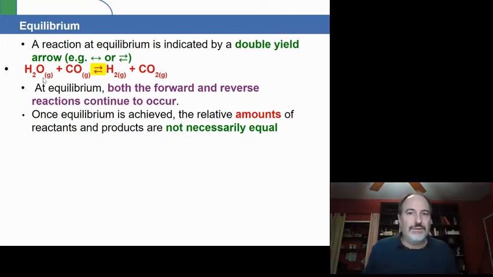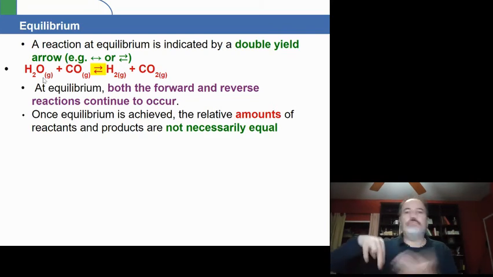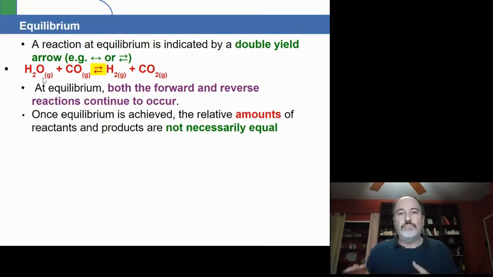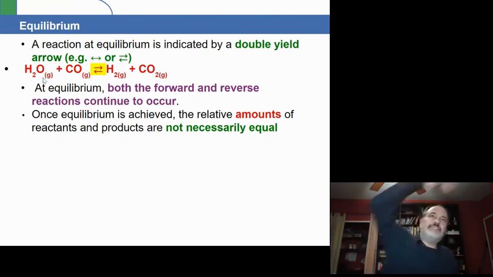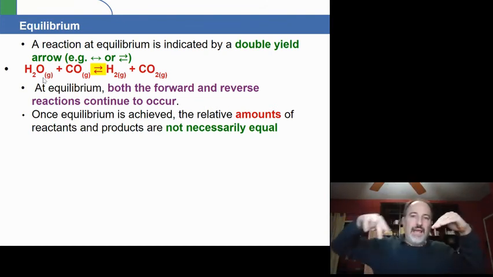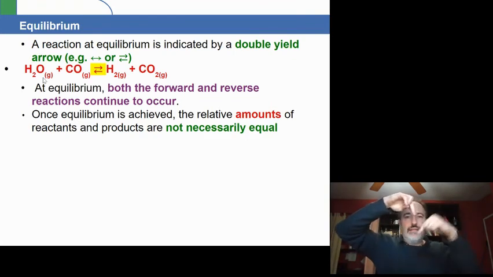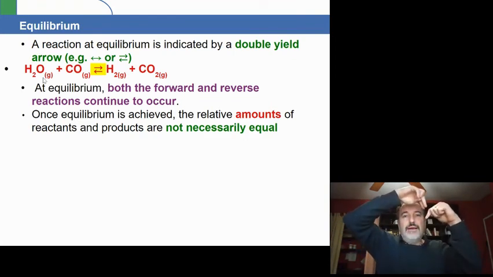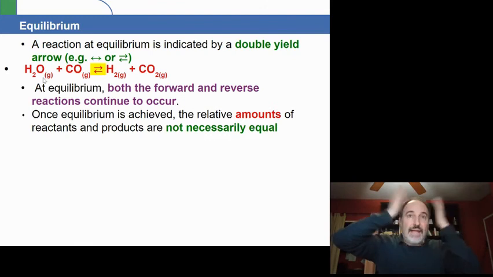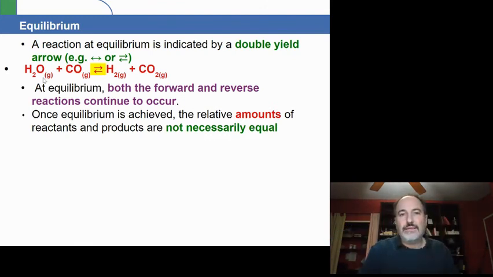But that's not true. You could match your speed close to the bottom and be most of the way down. That would be like having a lot of product and very little reactant. Or you could be going fast, fast, fast and get right to the top and then slow down so that you're right up at the top. All right. That's like saying you have a lot of reactants and very little products.